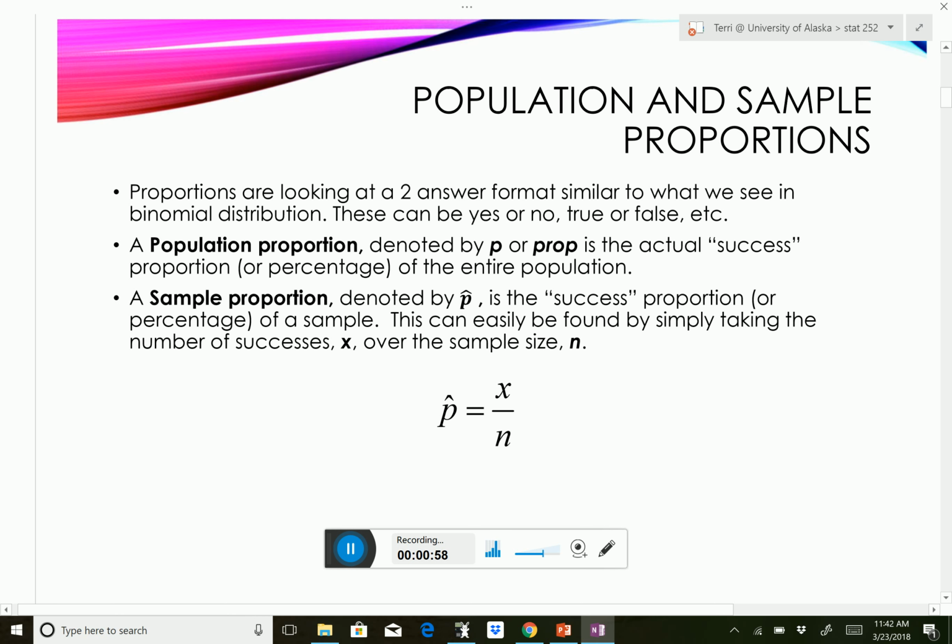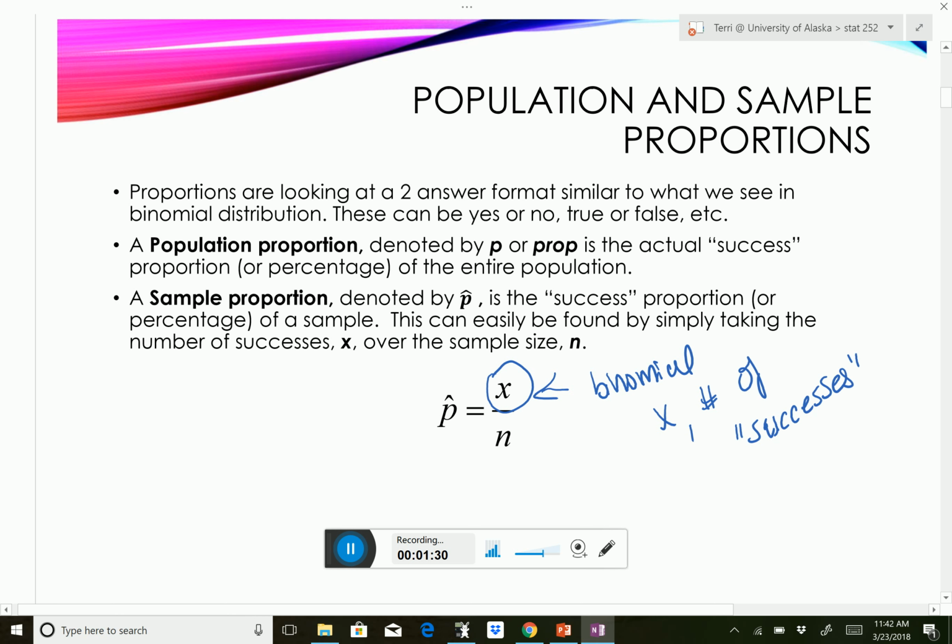Then we have a sample proportion, denoted by P with a hat. I call it P hat. You'll hear me say that all the time. That's the success proportion for our sample. So basically we say X, which is our binomial X, the number of successes, just like we did in binomial.